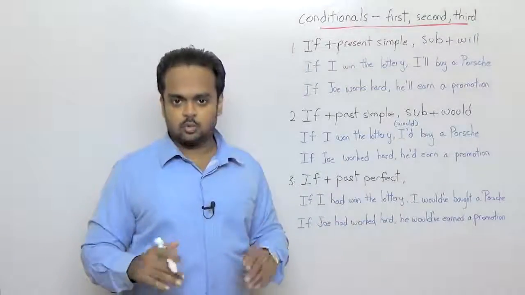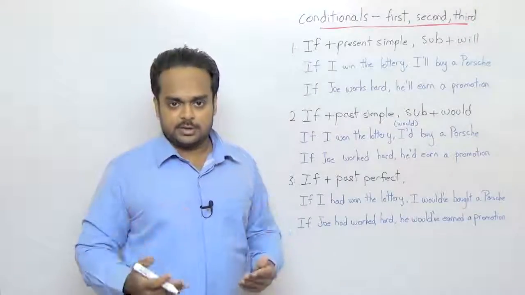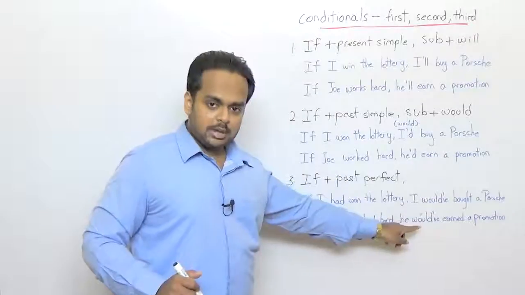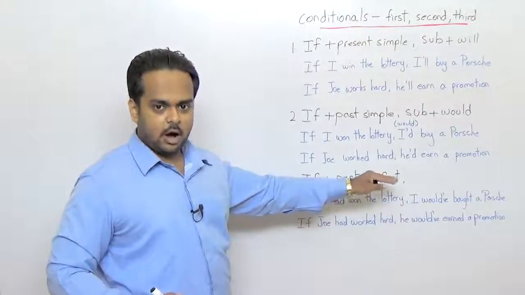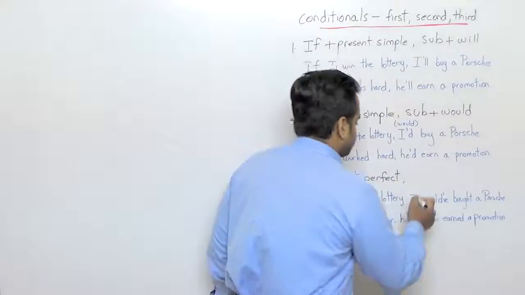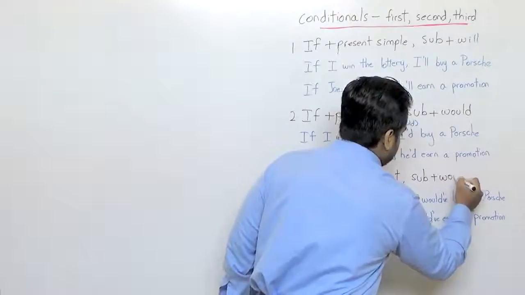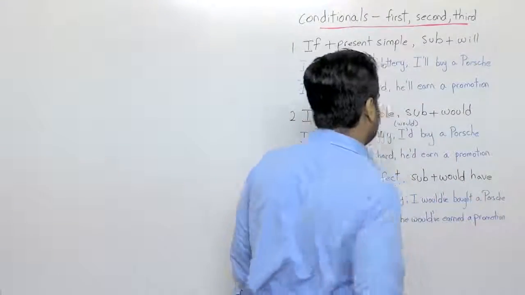That is fixed. You will always have had in the third conditional. And in the result, notice that there's another common element in both of those sentences. Can you identify what's common? It's would have. So you have subject plus would have.